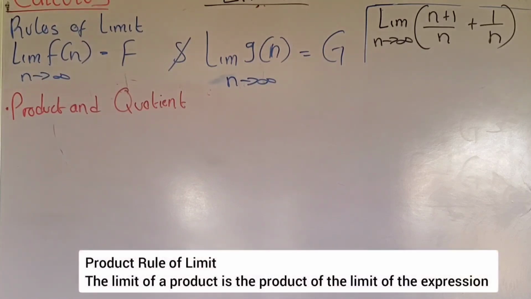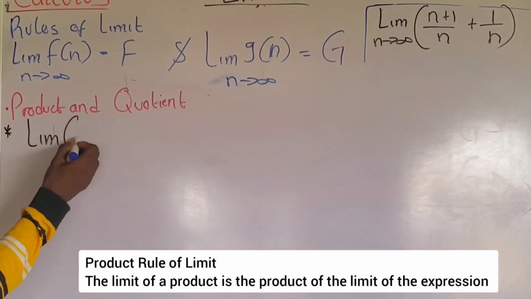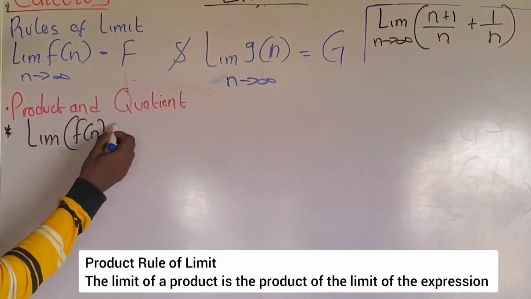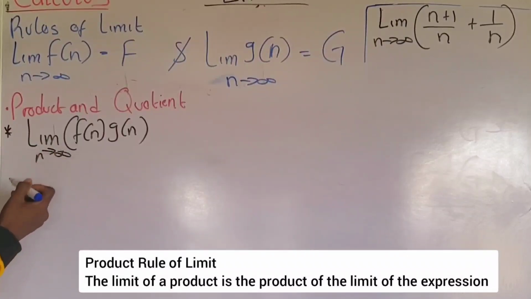Now, according to the product rule of limits, the limit of a product is the product of the limits. That's the rule. You understand? The limit of a product is the product of the limits. So let's say, please pay attention, you are asked to find the limit of a function that looks like this. Limit of f of n, g of n as n tends to infinity.